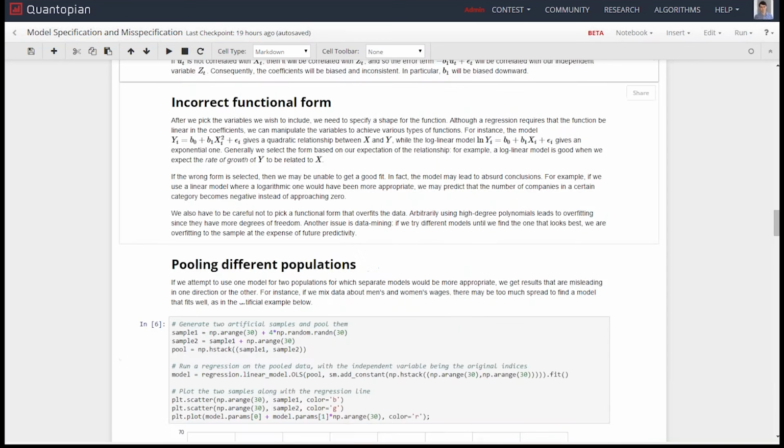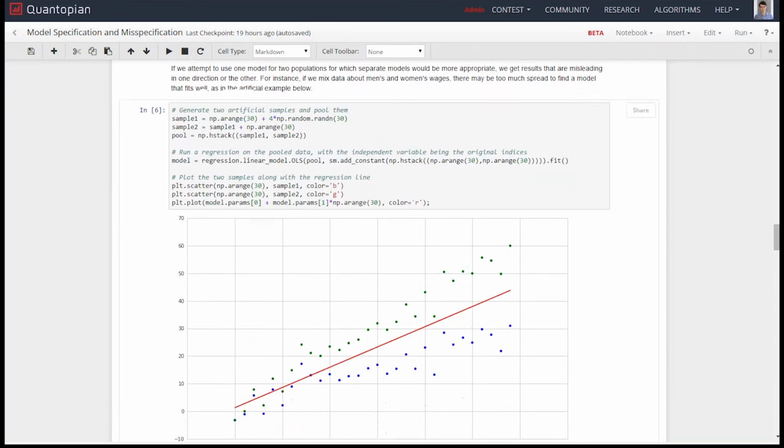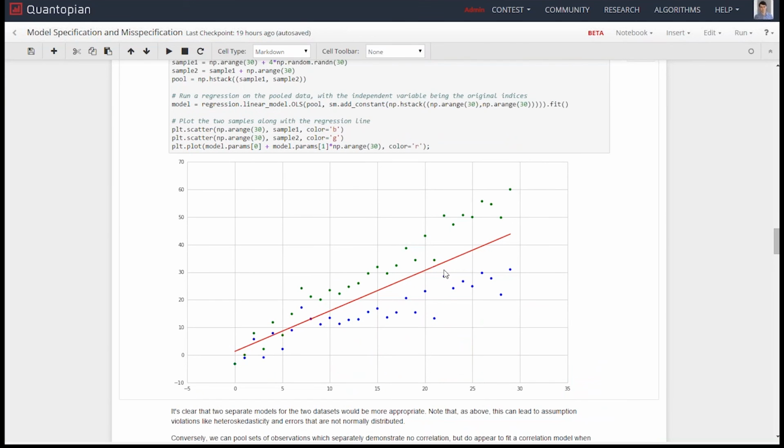So you want to be careful about that, and that's just an example. Again, in this case you'd have heteroscedastic residuals, so heteroscedasticity testing would catch this case, okay? The normality testing might as well.